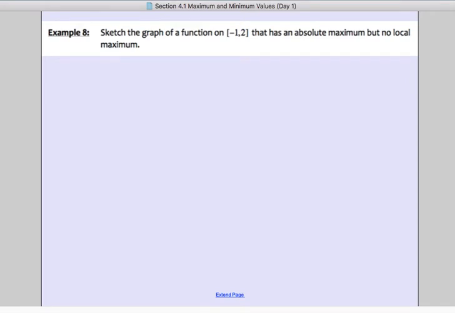All right, you have a few of these on your homework. It's kind of fun to have you guys do them in class because you can come up with all kinds of different options. But I guess with the flex day today, I will just give you some options. It says sketch the graph of a function from -1 to 2 that has an absolute max, but no local max.